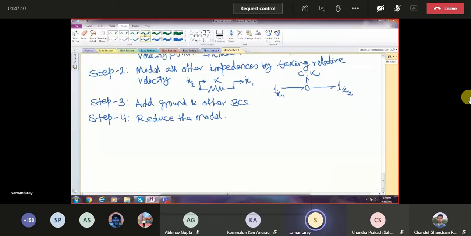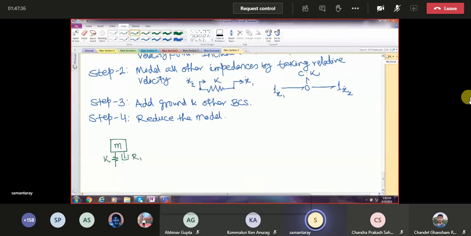So I will take a very simple example, and other slightly complex ones we will do in the next class. So let's say we have a mass M, there is a spring K1, there is a damper R1.